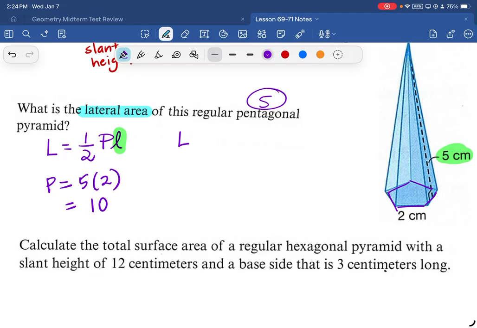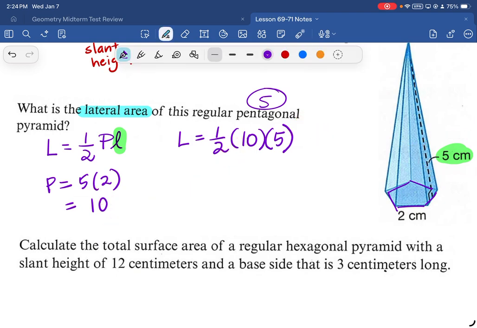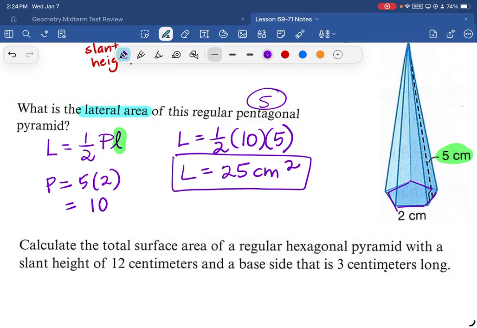So, lateral equals 1/2 perimeter, which we said was 10. Slant height, which we said was 5. We got it from over here. If you're wondering, this came from here. This came from here. And now we just calculate. We just evaluate. What do y'all get? 25. Did it give us any units? Centimeters squared. Yep, centimeters squared because it's lateral area. All right, good job.